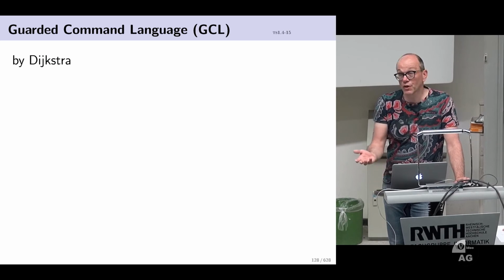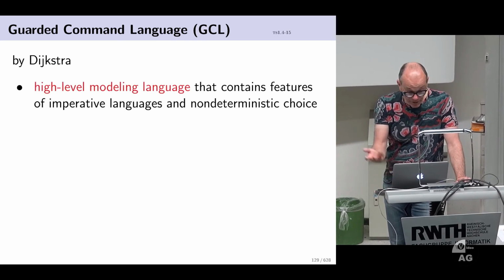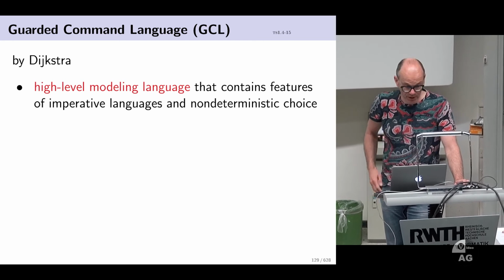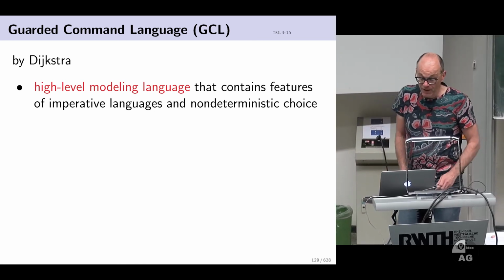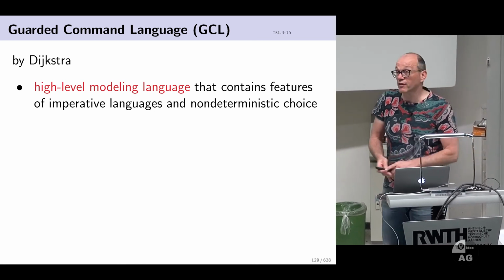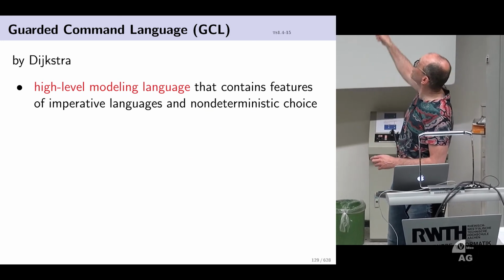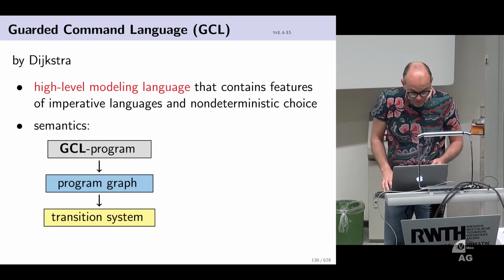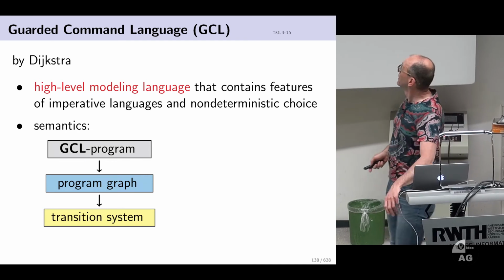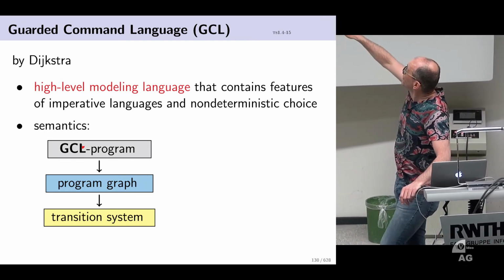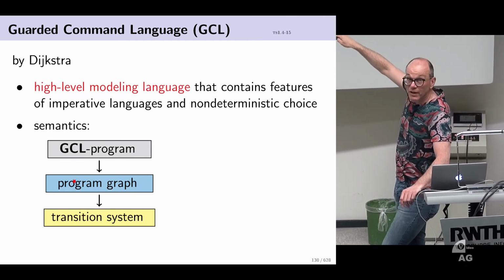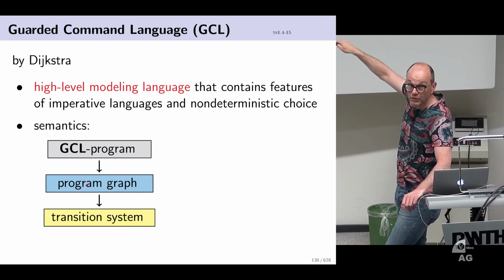Good. Now, how does this work for a typical language? You can define something like a guarded command language, defined by Dijkstra, which is a typical kind of programming language that also contains non-deterministic choice. So the idea is the following. For every GCL program there's a one-to-one mapping to a program graph.